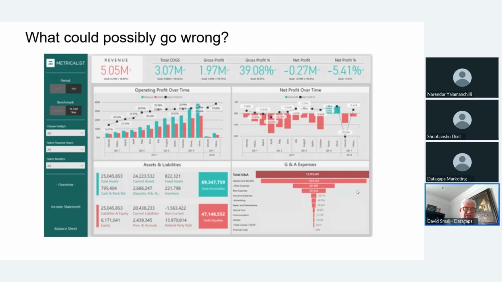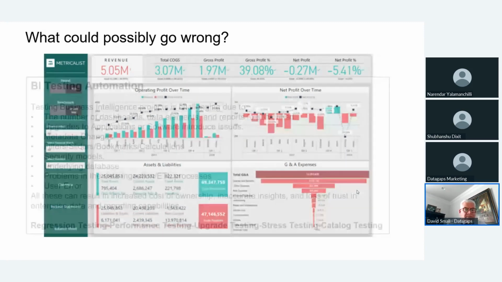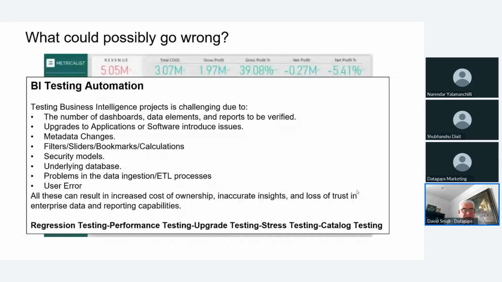So what are some of the causes of things that can go wrong? One is just the sheer number of dashboards and data elements that need to be displayed and need to be verified to make sure that you're making those decisions based upon trusted data. We have one organization that does upgrades of the application or the software, and those upgrades oftentimes introduce anomalies in their applications.